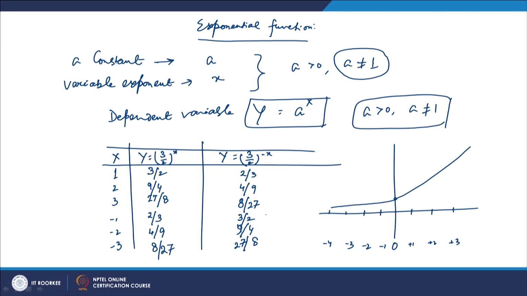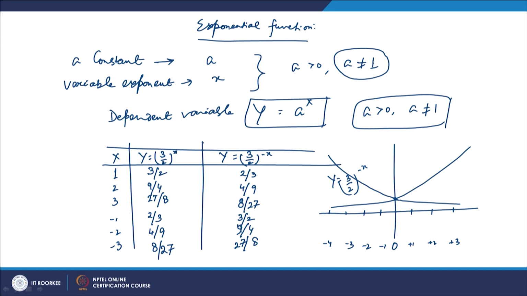So this is the type of curve which you get in the case of x as a positive value, and once you go towards the minus, this will be for 3 by 2 raised to the power x. When you go for minus x, then you will have it this way, and then it will go like this. So it will be 3 by 2 raised to the power minus x.